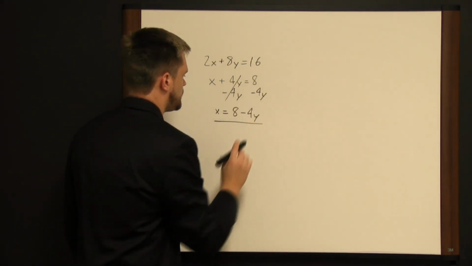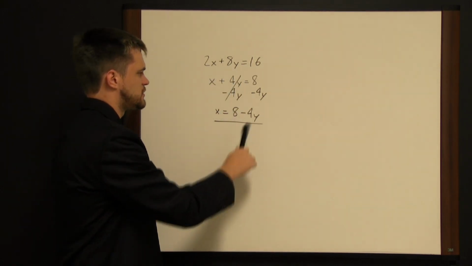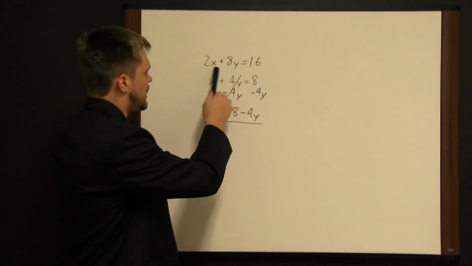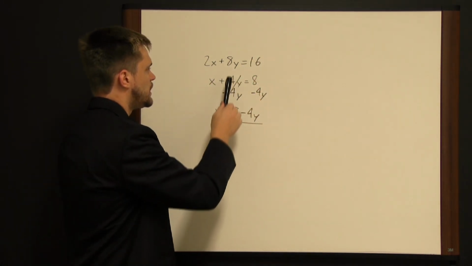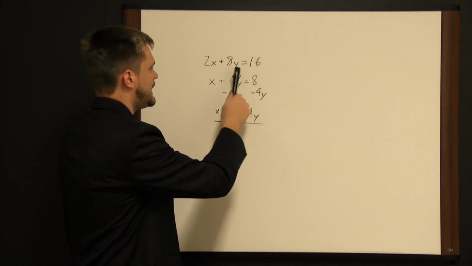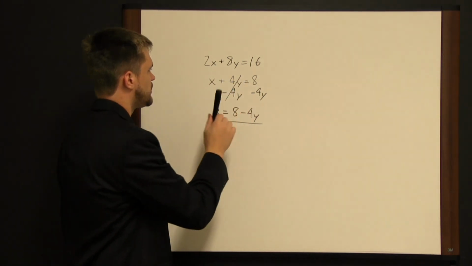But that is the solution of this equation for x in terms of y. But now let's solve it for y in terms of x. Going up once again to this form, what we're going to do now is divide each term in the equation by 8 to get y all by itself.